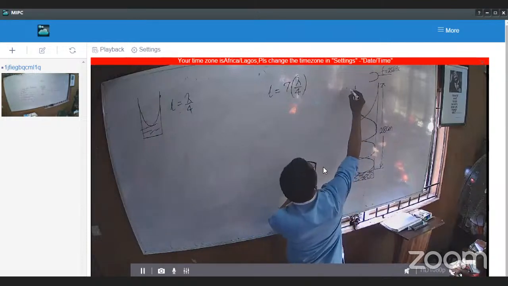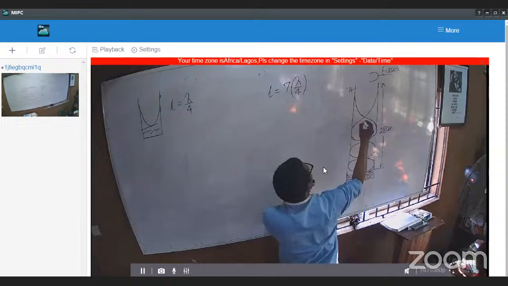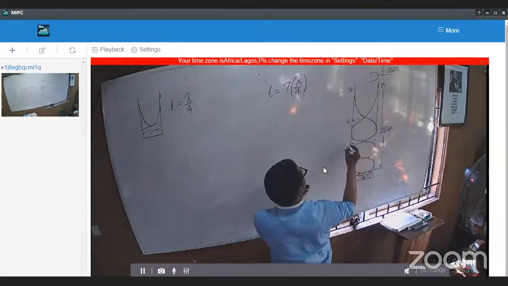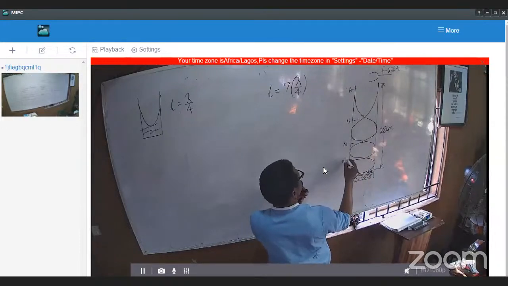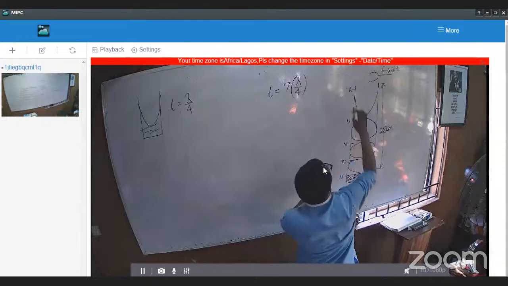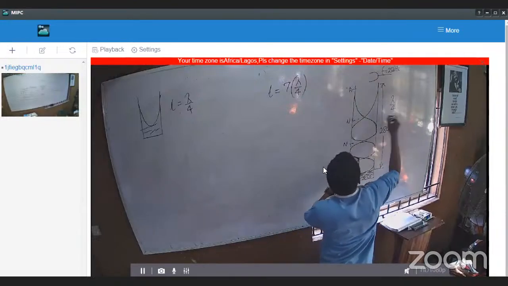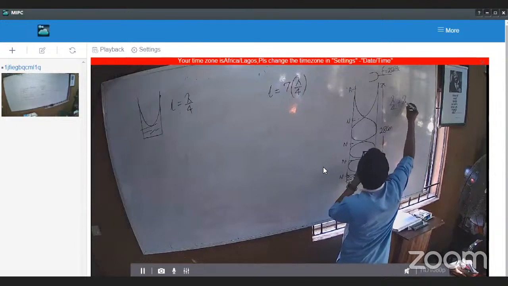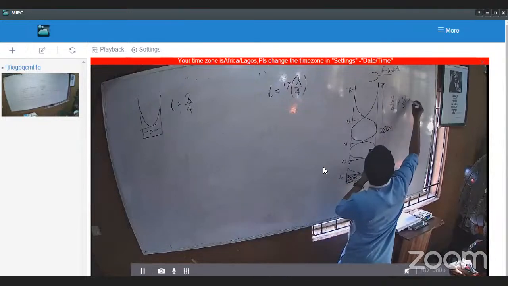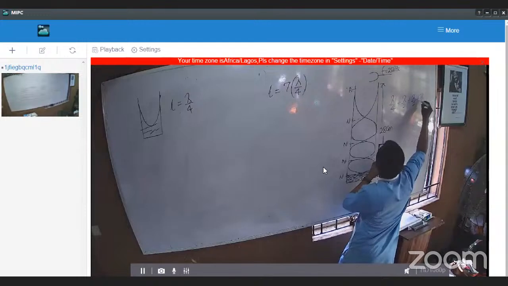But that will waste time. This is antinode. This is node. From here to here, λ over 4. From here to here, λ over 2. From here to here, λ over 2. From here to here, λ over 2.